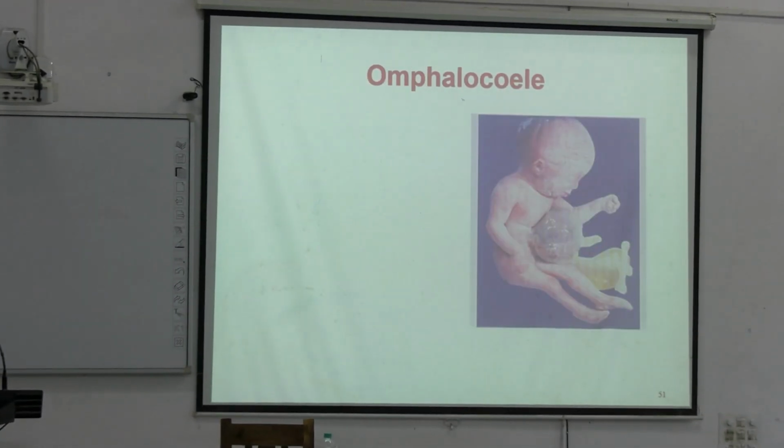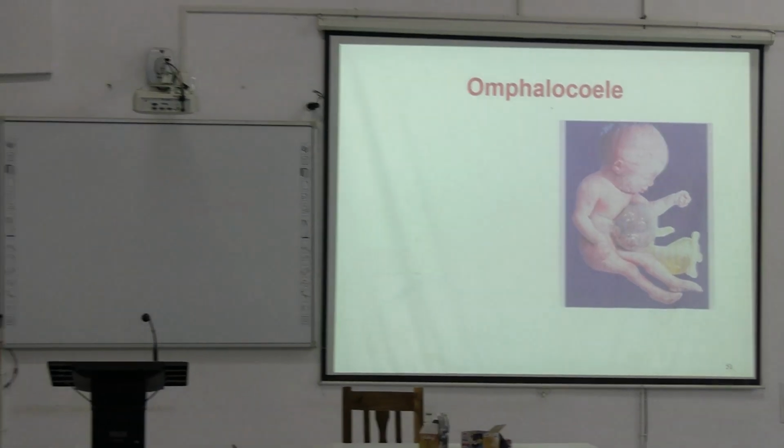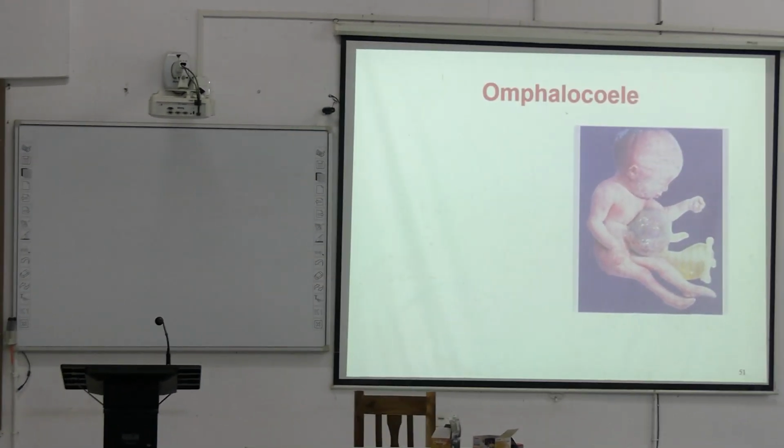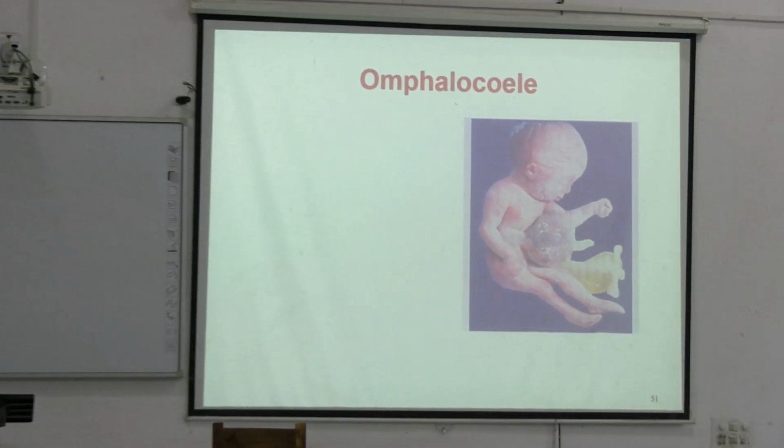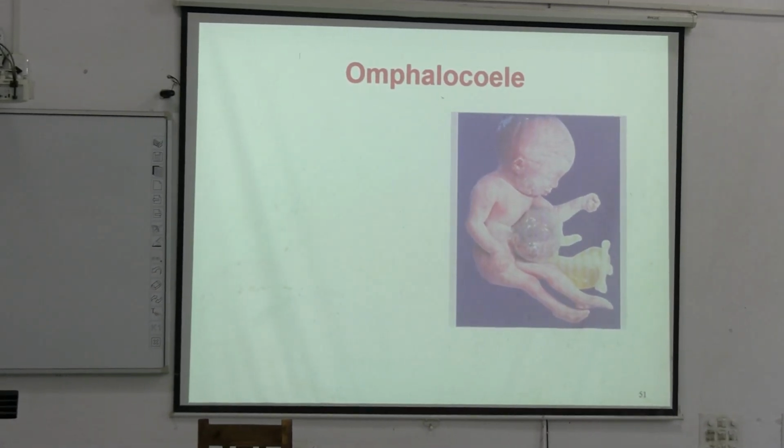One of these problems which commonly comes up is known as omphalocele. This is a distinct kind of abdominal problem that we encounter. This developmental error is an important entity that is given as a clinical question.